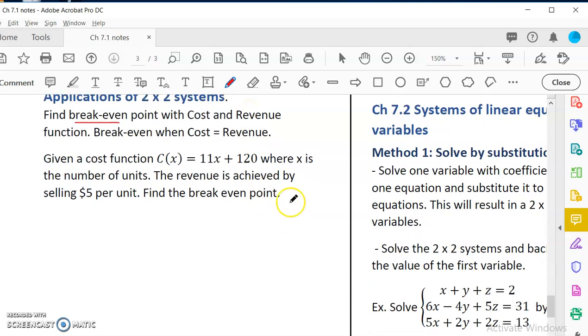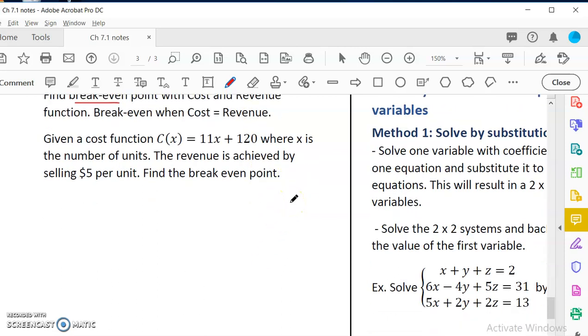In example 1, someone is doing a business. The cost function is C of x equal to 11x plus 120, where x is the number of units that you produce. Revenue is achieved by selling 5 units per unit. I don't think that is enough for gaining anything.